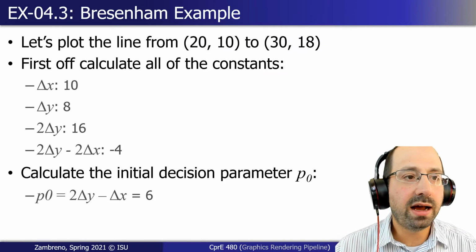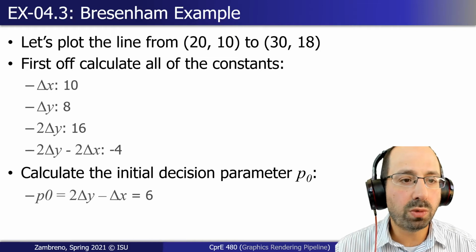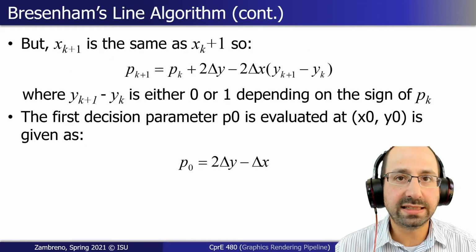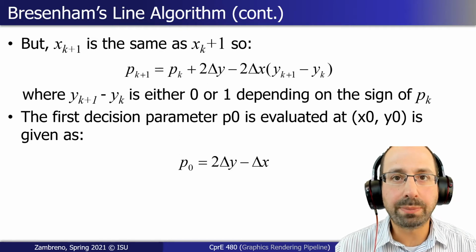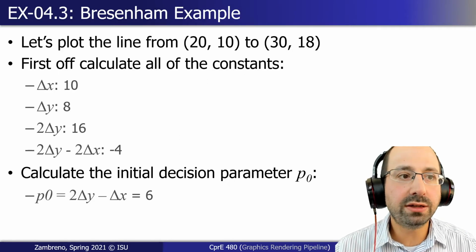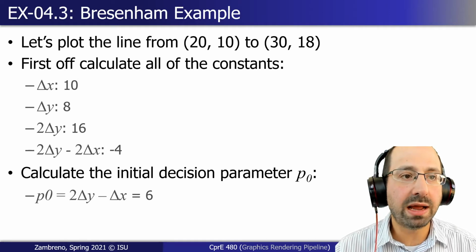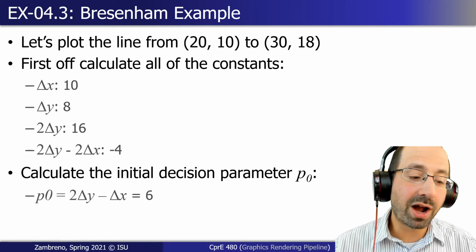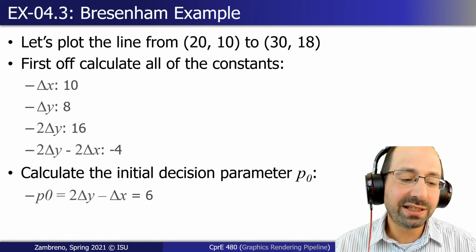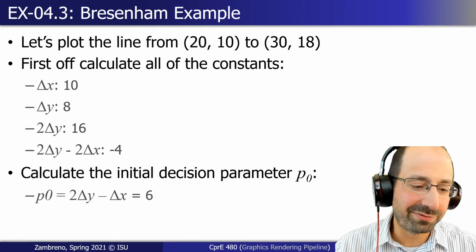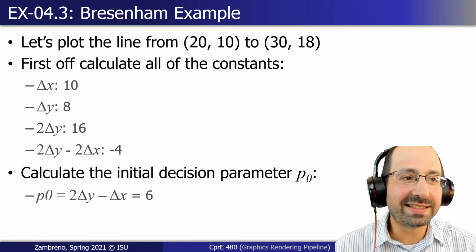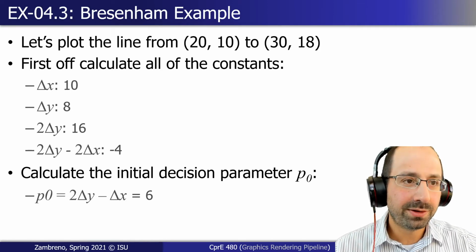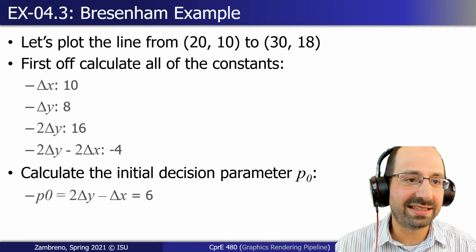So we have 2 delta y minus 2 delta x, or just separately, 2 delta y is 16, 2 delta y minus 2 delta x is negative 4. So when we are going up 1, we're subtracting 4 from our p decision variable here. When we stay the same, we're adding 16 to that decision variable here.